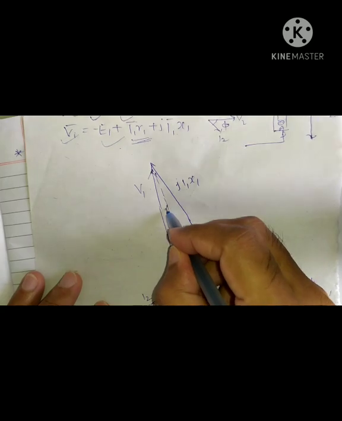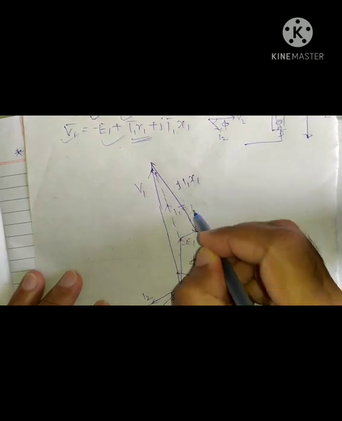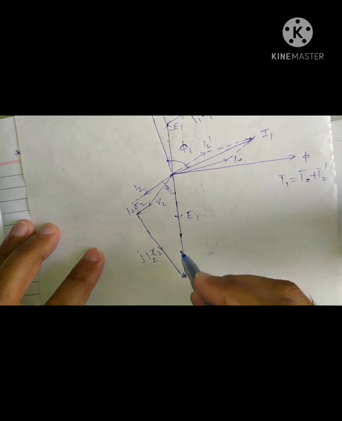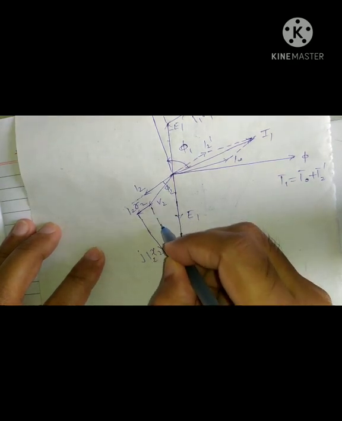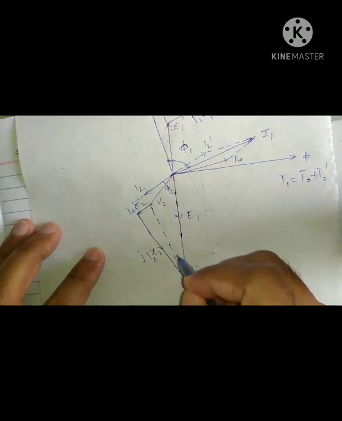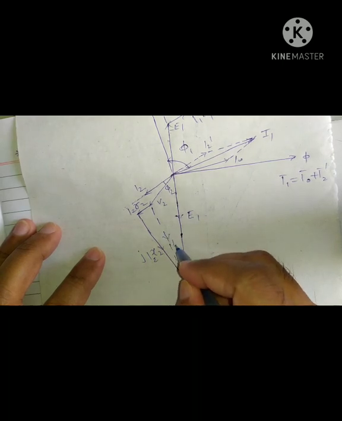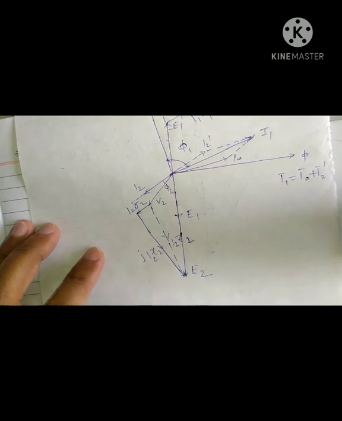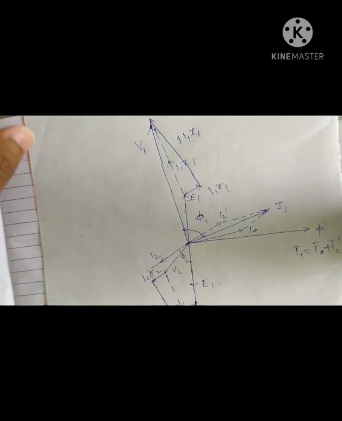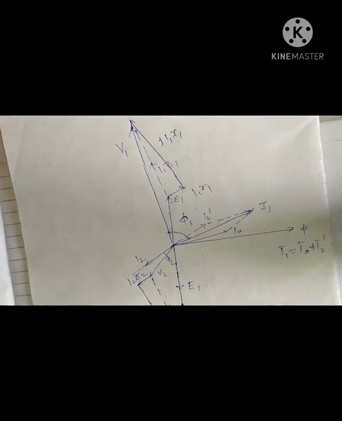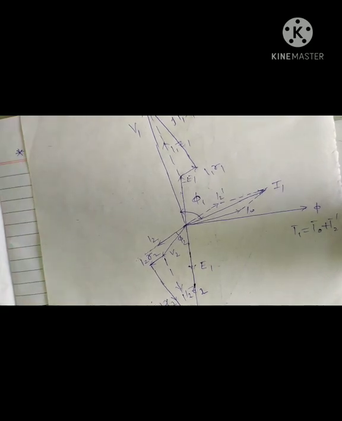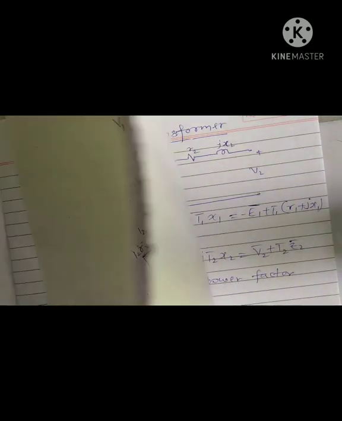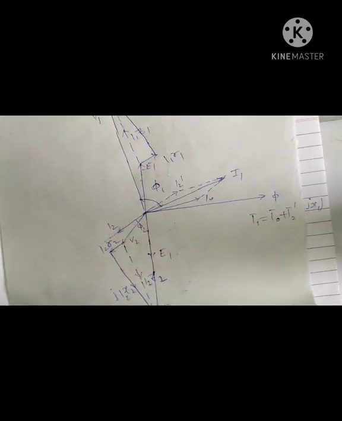So I can show here, this is I1Z1. Similarly, I2R2 plus J I2X2 is nothing but I2Z2, right? So that's all the phasor for lagging power factor, right? Let us go for the phasor at leading power factor.